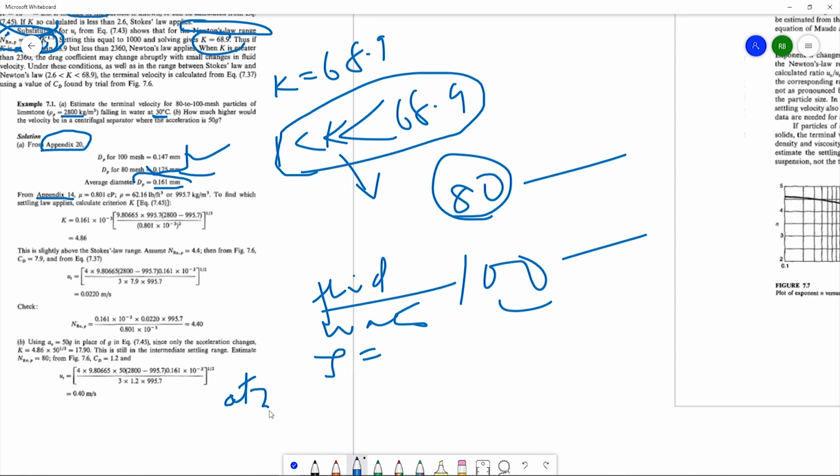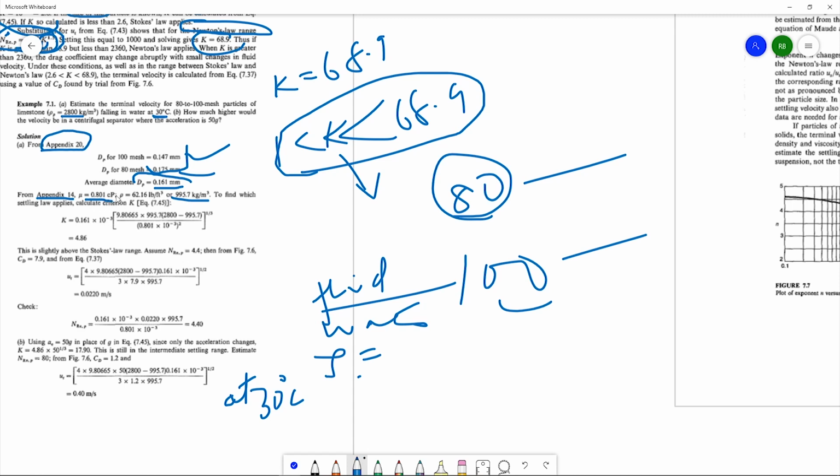So at 30 degrees Celsius, find the density of the water and also the viscosity from appendix 14. You will get this: this is the density of the water at 30 degrees Celsius, and this is the viscosity of water.